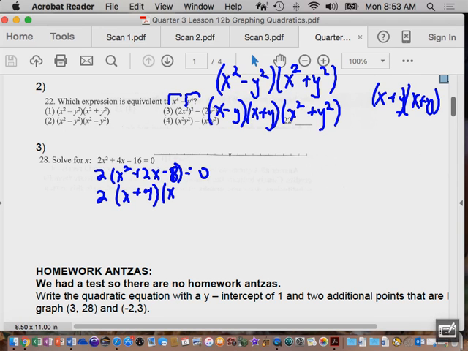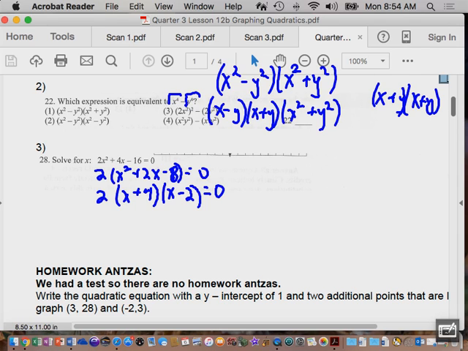I don't like to divide by the 2. I mentioned to you earlier that I don't like dividing by that 2, because if the question, instead of saying solve, had said factor, and you divide out and forget to put the 2 back in the answer, you will get it wrong.